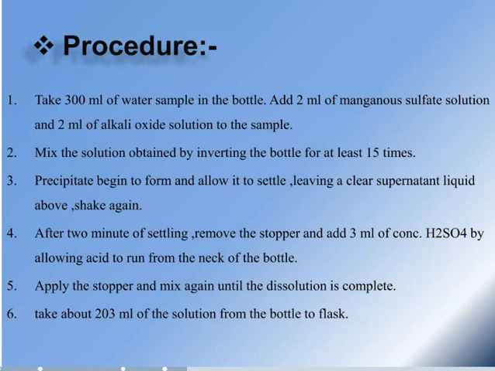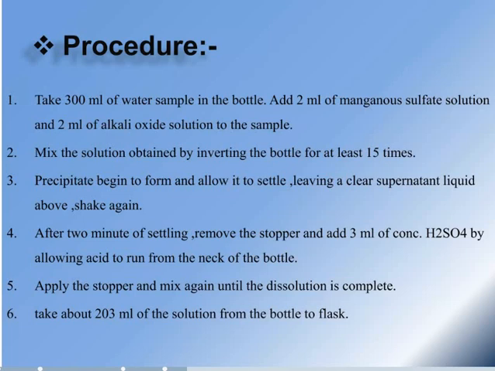First, take 300 ml of water sample in the bottle. Add 2 ml of manganese sulfate solution and 2 ml of alkali iodide azide solution to the sample. Mix the solution by inverting the bottle at least 15 times.